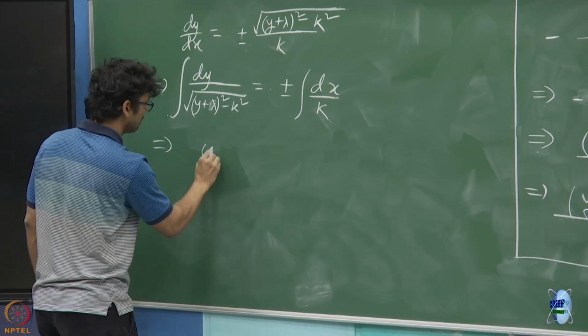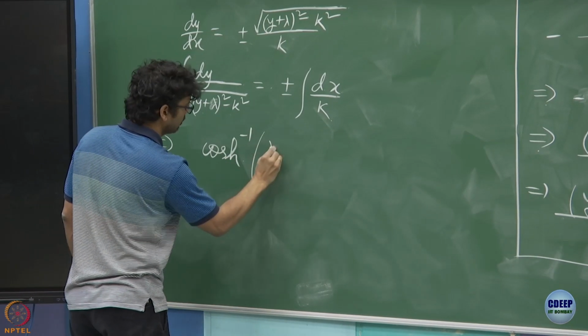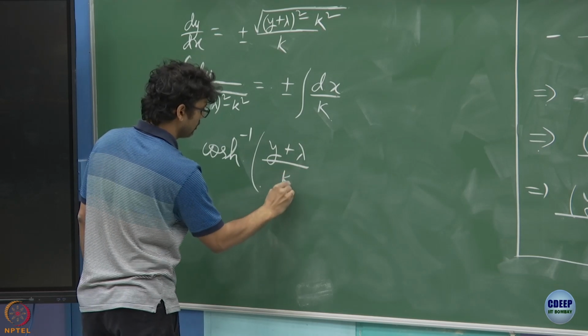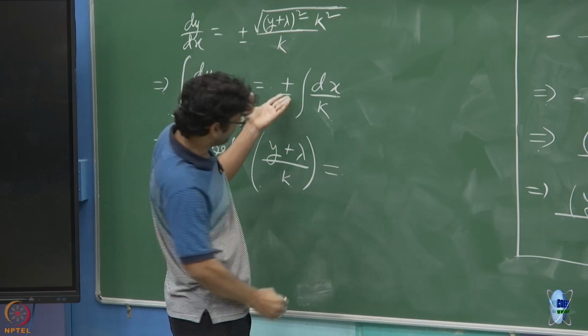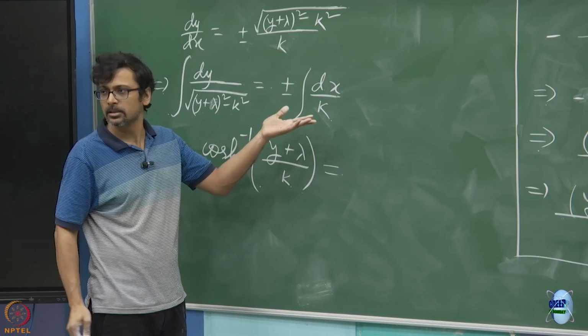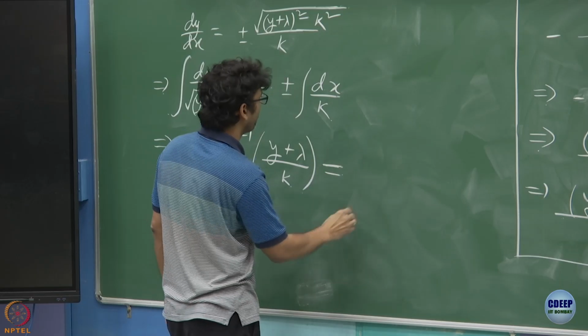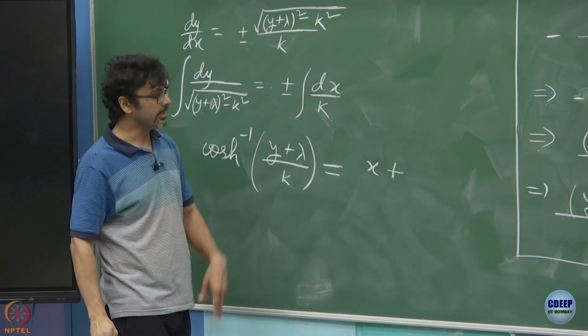So this is cos hyperbolic inverse of y plus lambda by k is equal to, again you can just take the plus or minus of x, it really matters not here, x plus some constant of integration will arrive here.